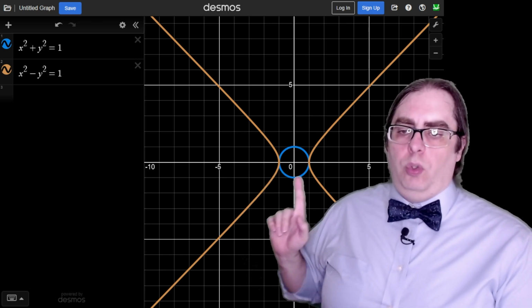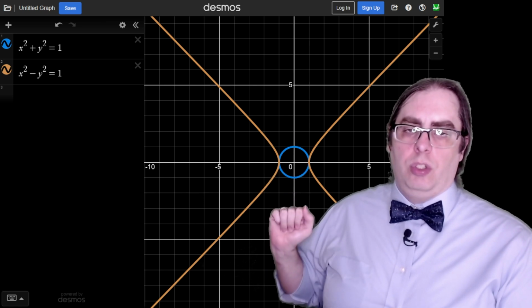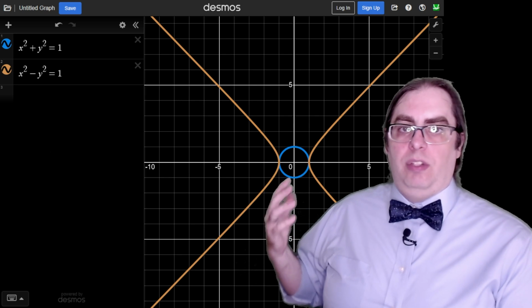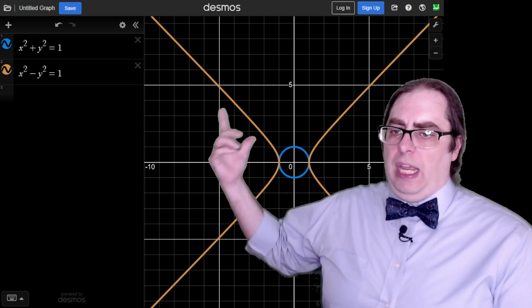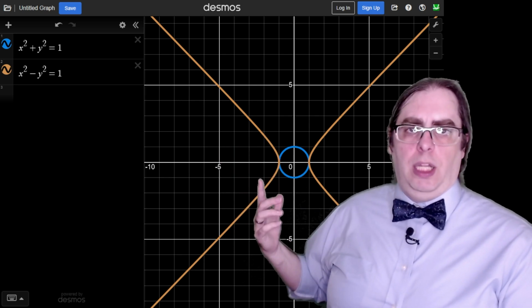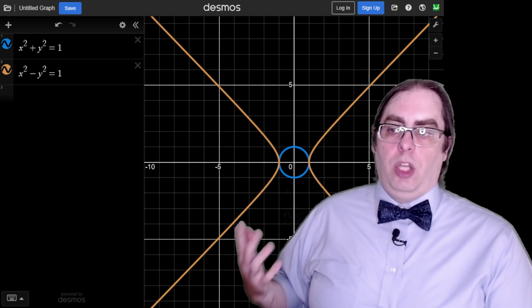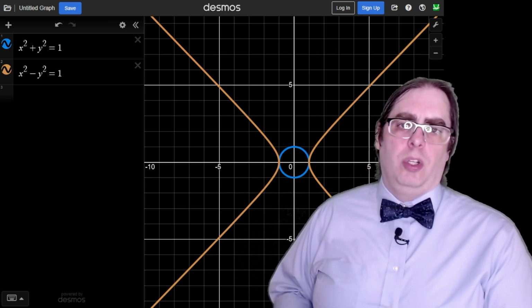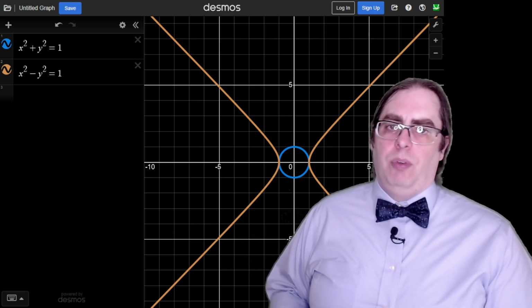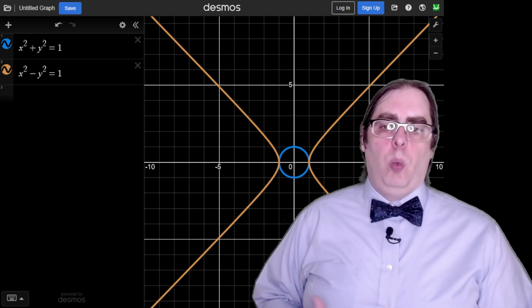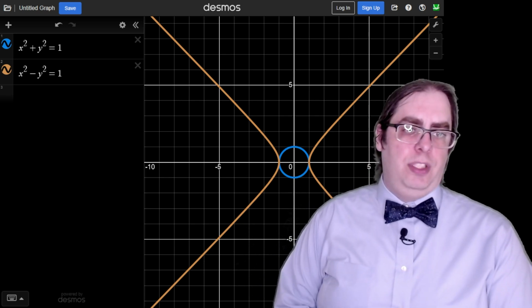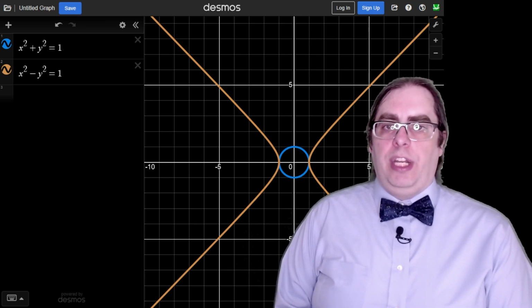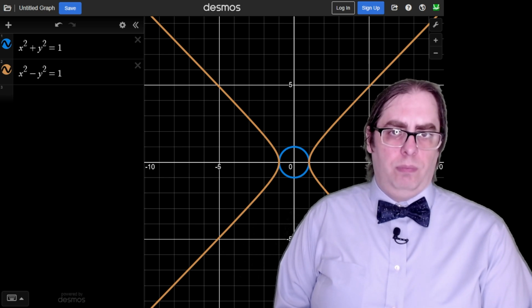Take all of the rules that you have for dealing with a circle and getting cosine as the x component, sine as the y component, and move them to the hyperbola, getting cosh as the x component and sinh as the y component, and it all works the same way. That relationship is very literally why these are called the hyperbolic functions. They are what would happen to trig if you did it on a hyperbola instead of a circle.